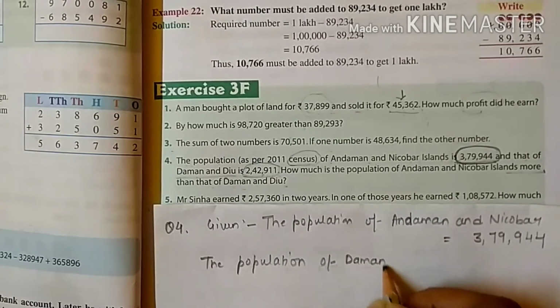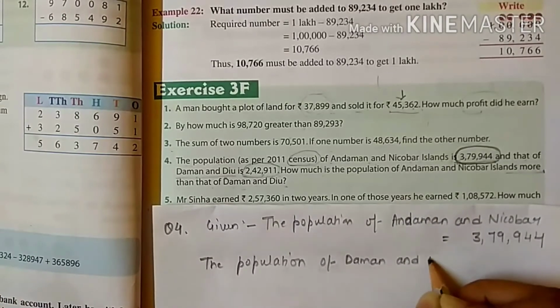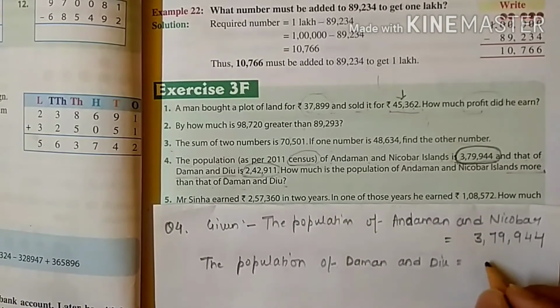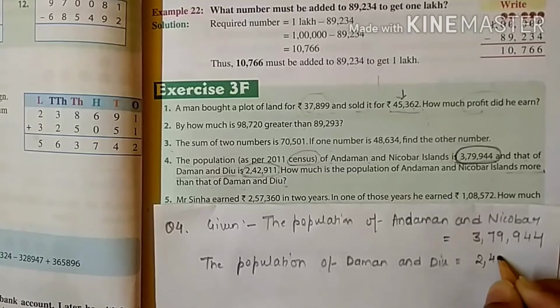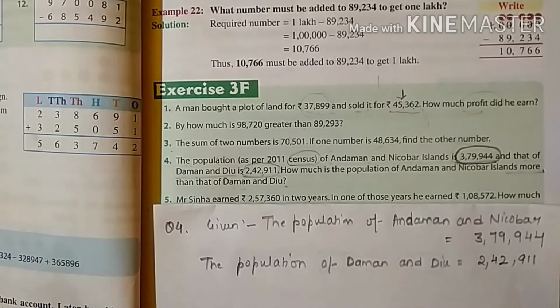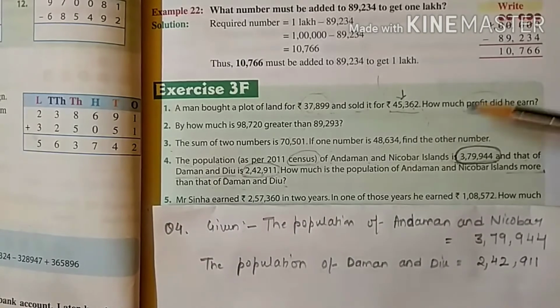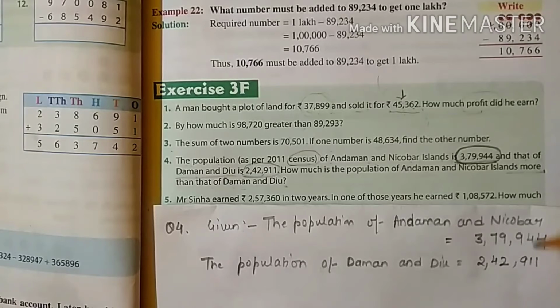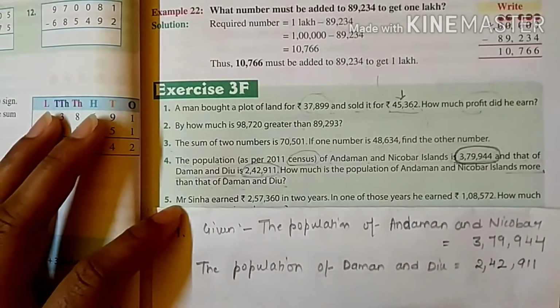The population of Daman and Diu is equal to 2,42,911. We have to calculate how much the population of Andaman and Nicobar is more than that of Daman and Diu. So how are you going to calculate the difference?